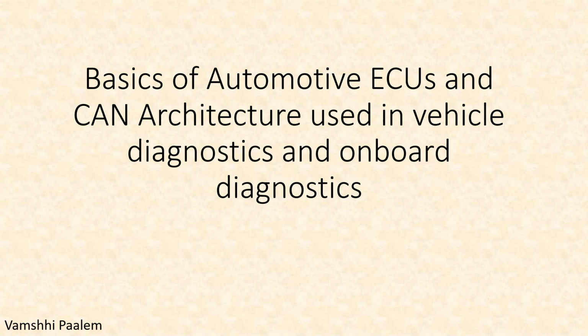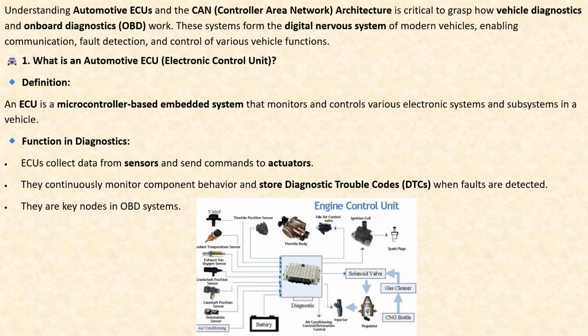Hello everybody. Now coming to the next chapter, basics of automotive ECUs and CAN architecture used in vehicle diagnostics and onboard diagnostics. To proceed further, understanding automotive ECUs and Controller Area Network architecture is critical to grasp how vehicle diagnostics and onboard diagnostics work.